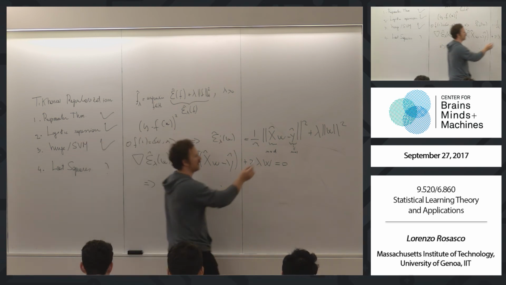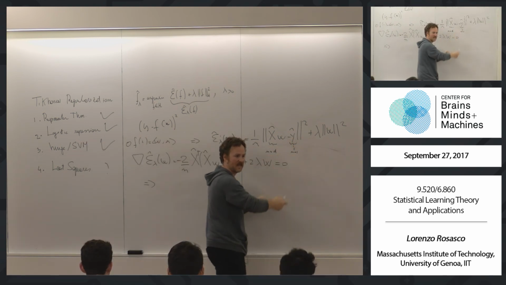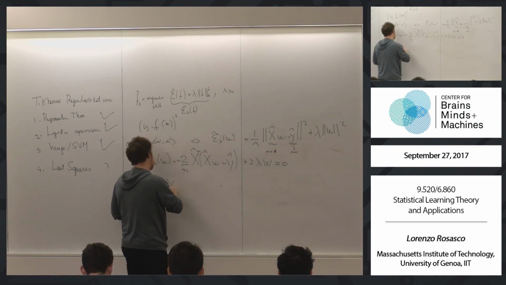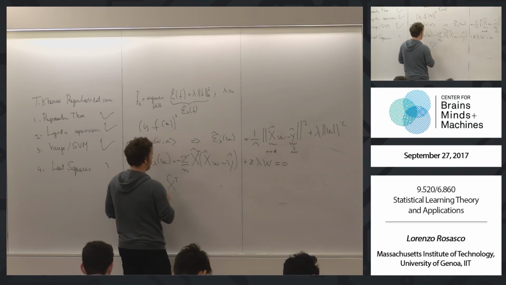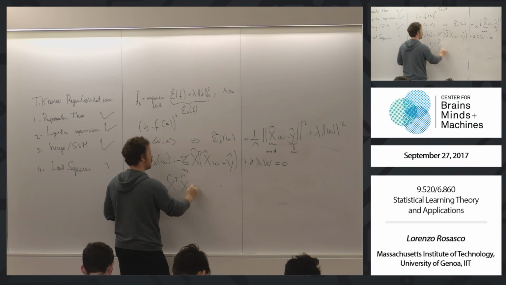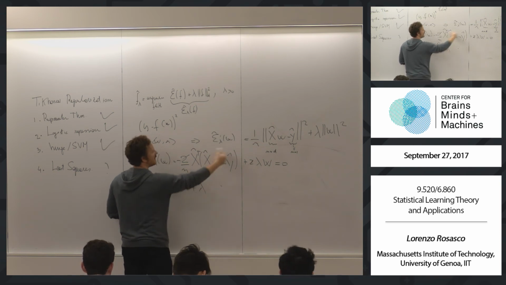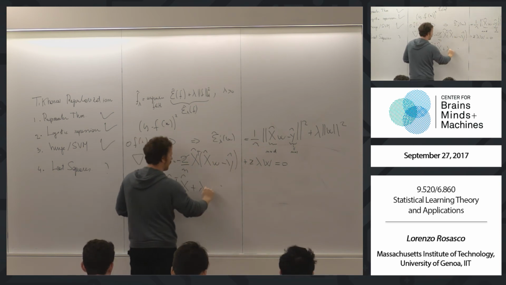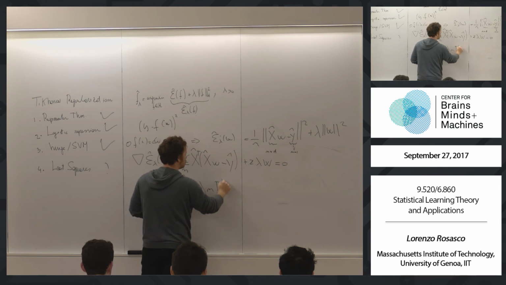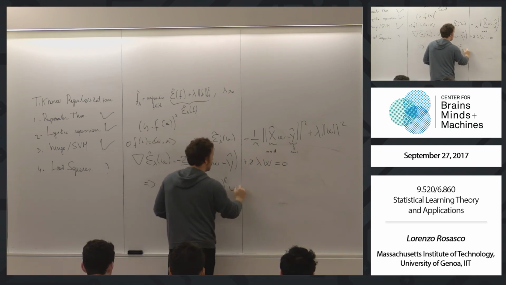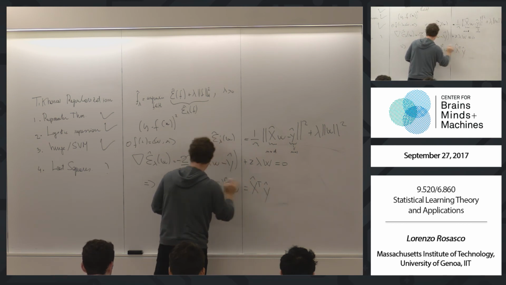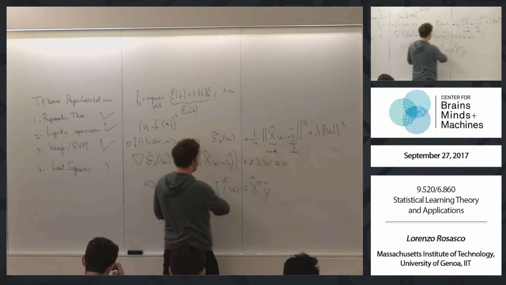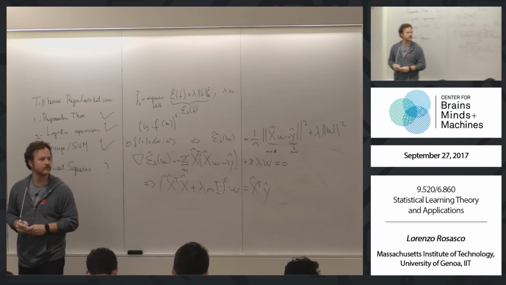So here we put a square here and a square here, because then we just get the linear equation. And so we get X transpose. The 2 doesn't matter. We get X transpose X plus lambda, I take this n and I put it in front of the lambda. And I found out that the unique W that satisfies my strongly convex problem can actually be written this way. Okay?